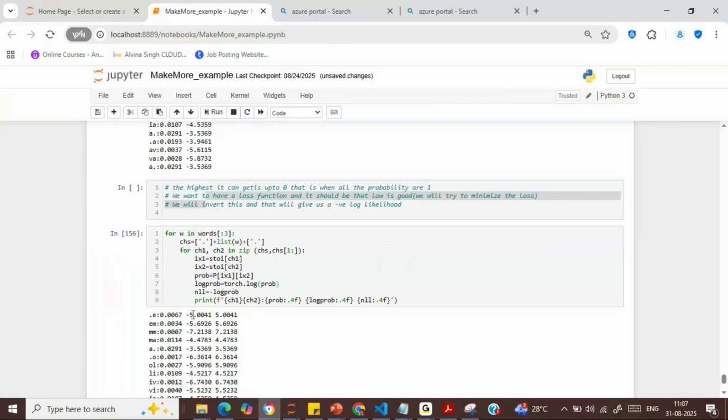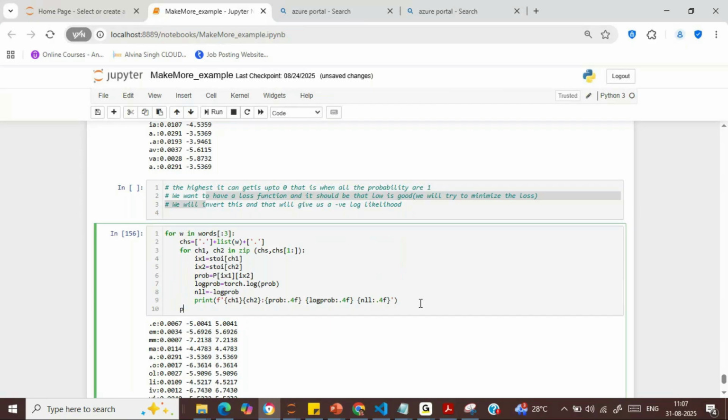Okay, so what we have done is just removed this particular minus sign. Okay, now what I will do is print NLL.